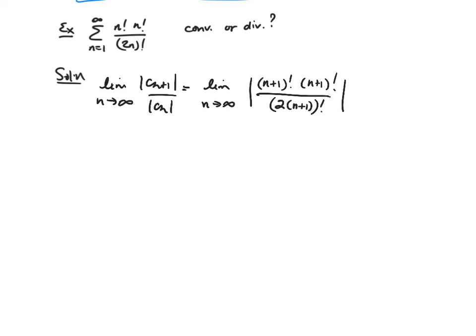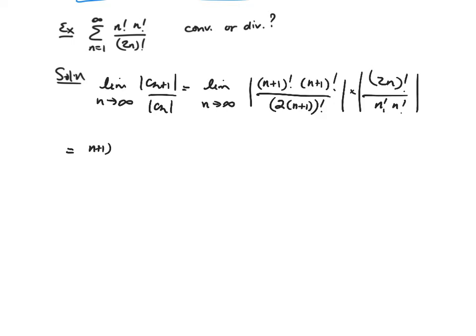Now that we have an expression in fractional form, it's easier to multiply by the reciprocal. So we put a 2n factorial up here, and we have an n factorial twice on the bottom. All right, so I've multiplied by the reciprocal, and now I'm just going to stack like terms. They're all positive again, so we don't need the absolute values.